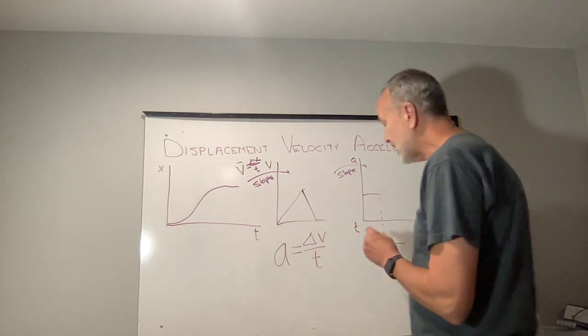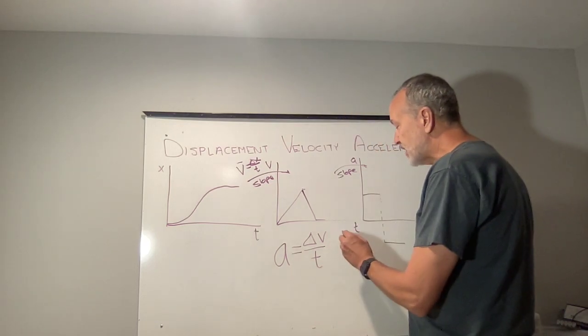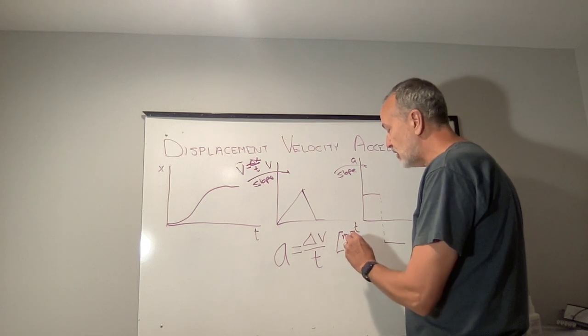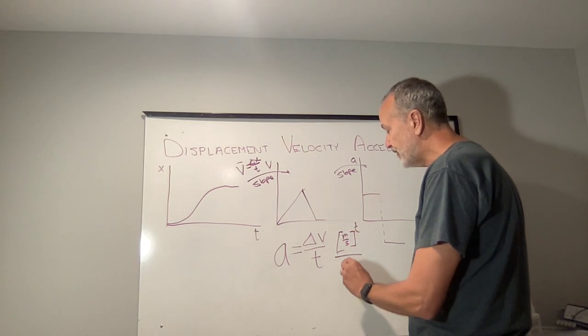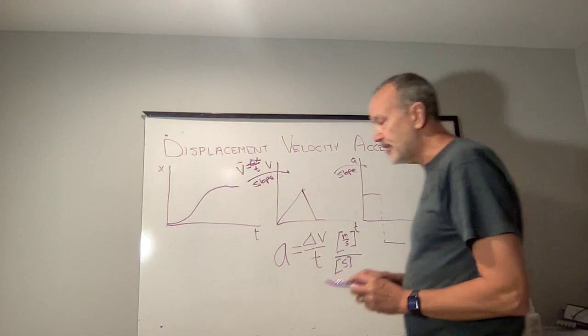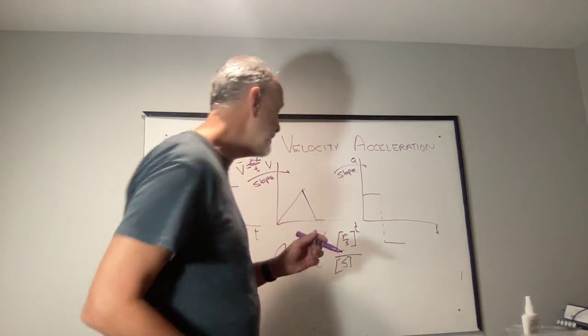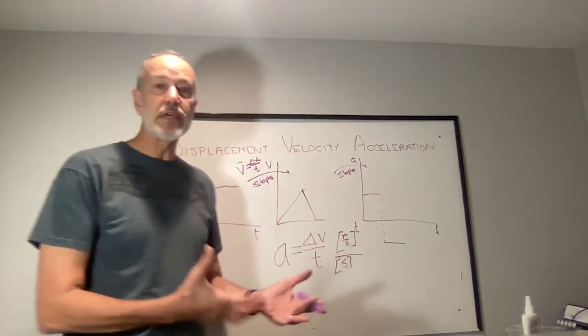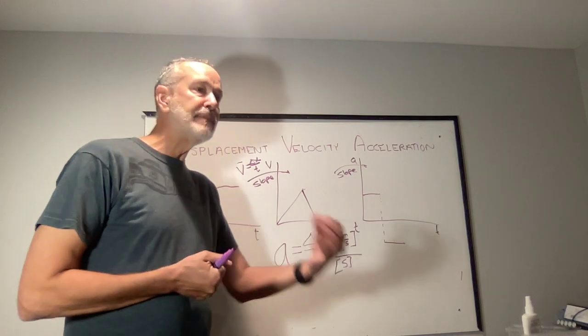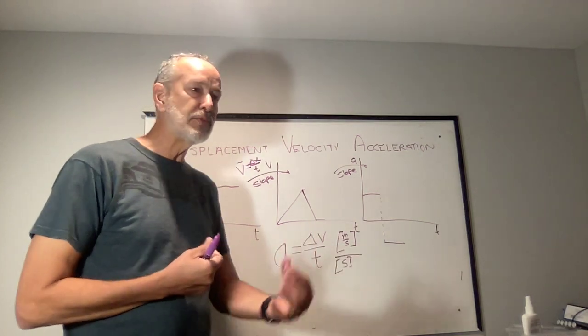And if we think of the velocity being in meters per second, and we divide by the unit of seconds, the unit for acceleration ends up being, you could say, meters per second per second. You could say the velocity changed by 5 meters per second every second.